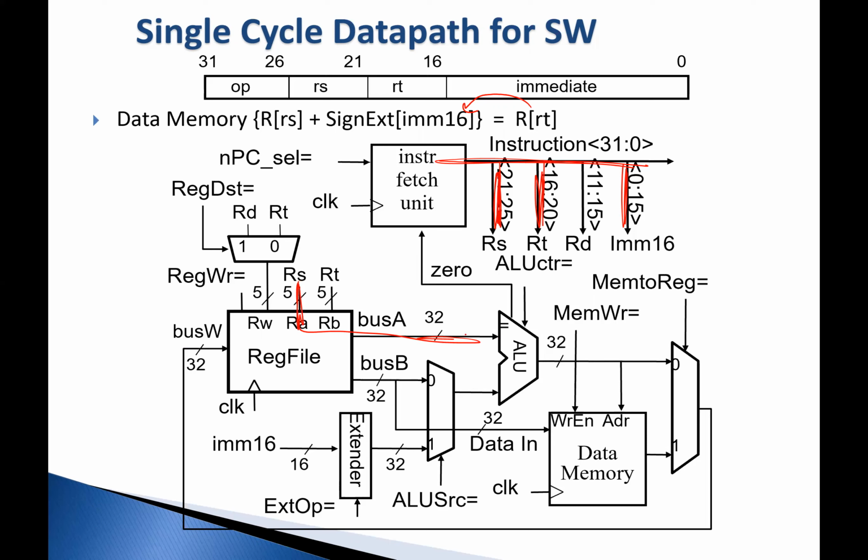RS with the base address, immediate, okay, with the offset, right? So you have a store word, RT, immediate, RS, right? So now you do the extension. What is the extension? Sign again, right? Or a 1.